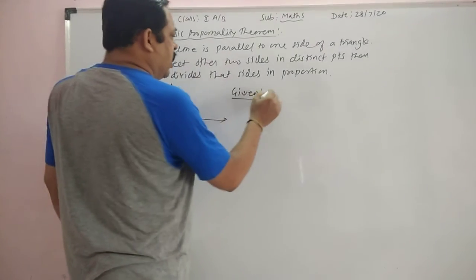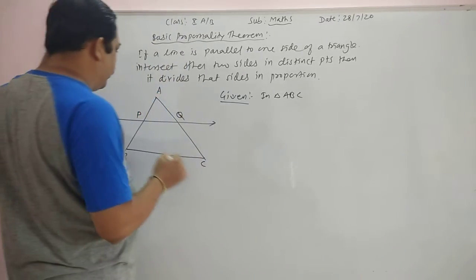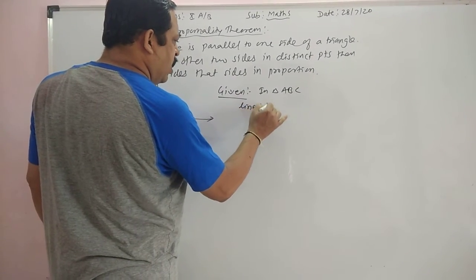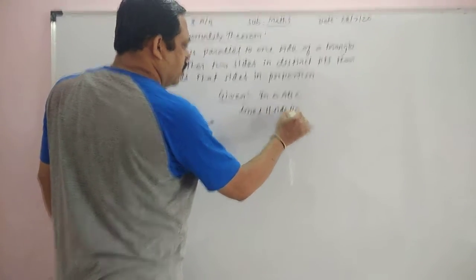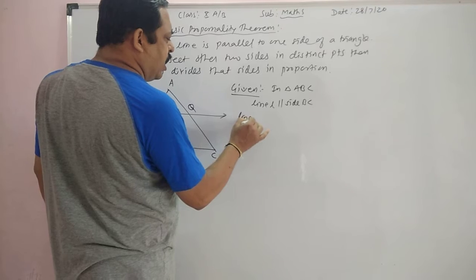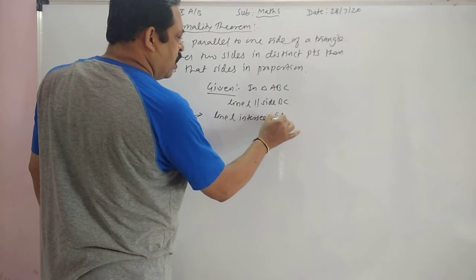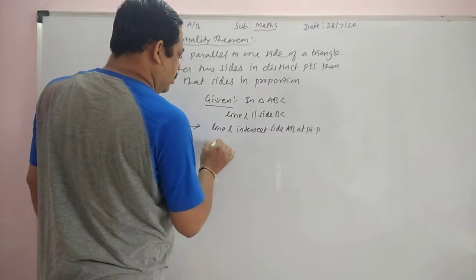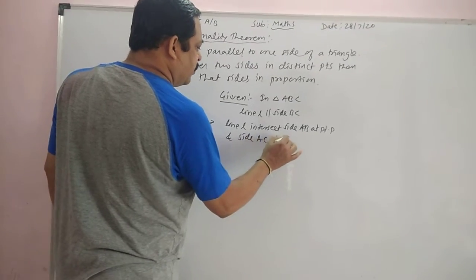Given: in triangle ABC, line L is parallel to side BC, and line L intersects side AB at point P and side AC at point Q.